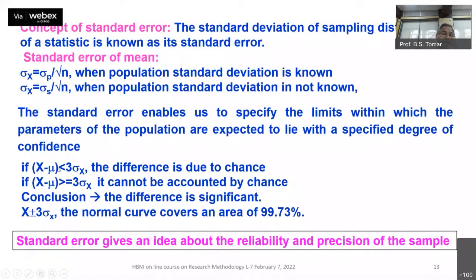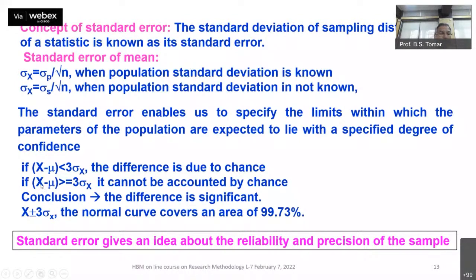If it is less than 3 sigma x, then we can say within 99.7% that this belongs to the same population. The x, mu value is within 99%, and if there is a difference, that difference is due to chance.